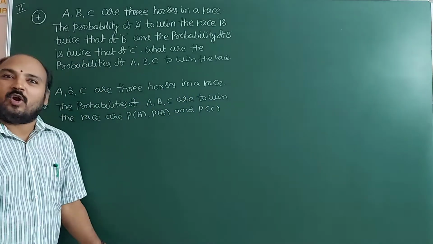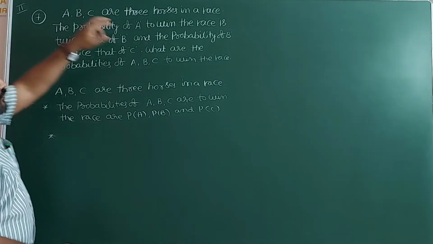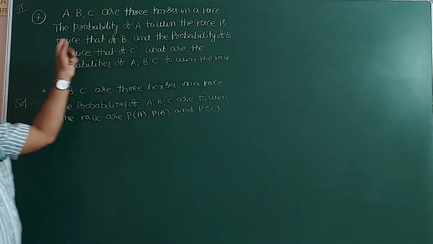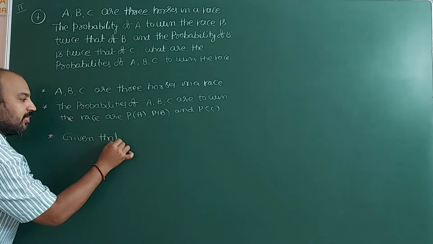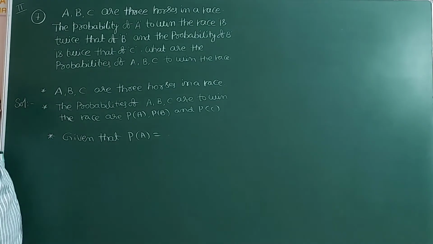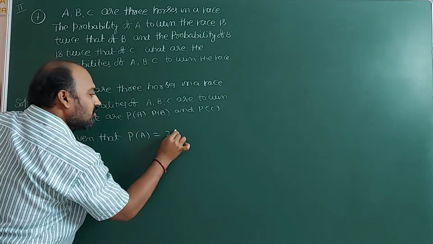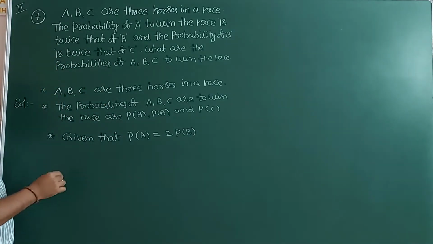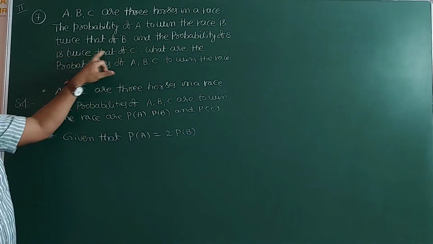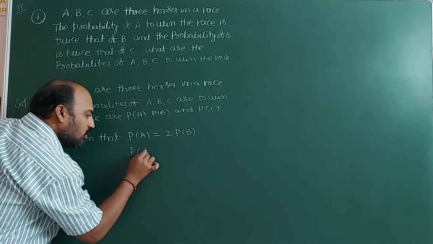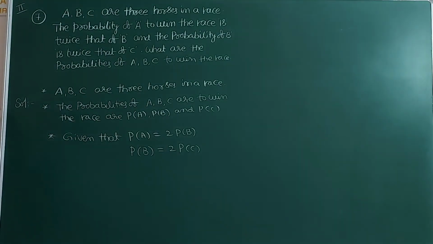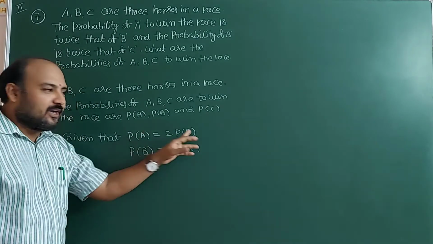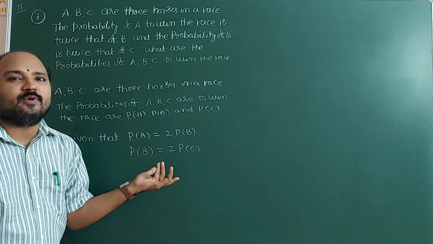After that, conditions are given. What conditions are given? The probability of A to win the race is twice the probability of B. Given that, P of A is equal to 2 times P of B. Next, the probability of B is twice that of C. So P of B is equal to twice P of C. But we don't know the probability of C. P of A in terms of P of B is there, P of B in terms of P of C, but P of C we don't know.